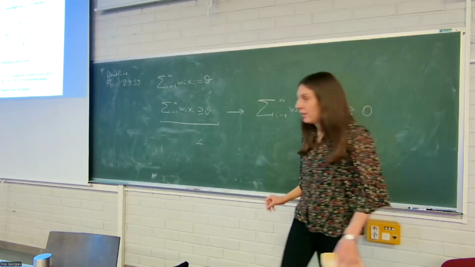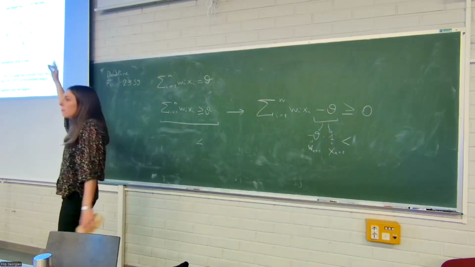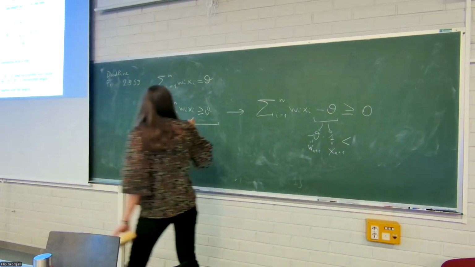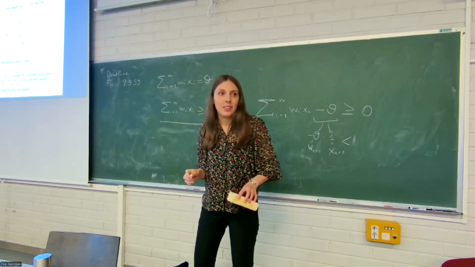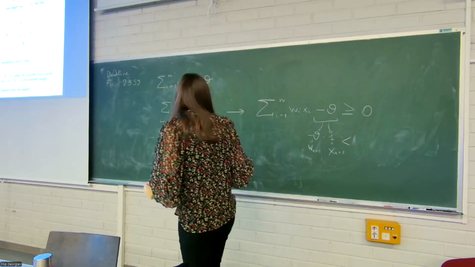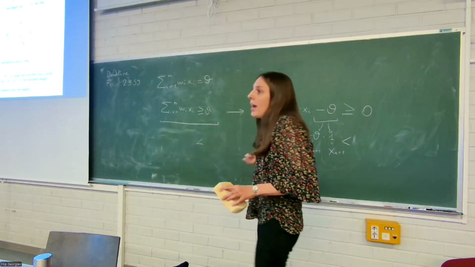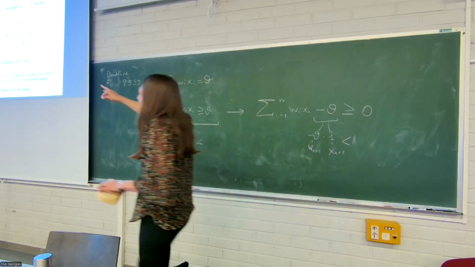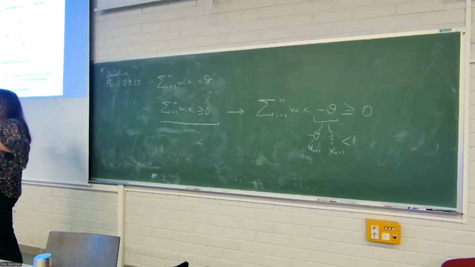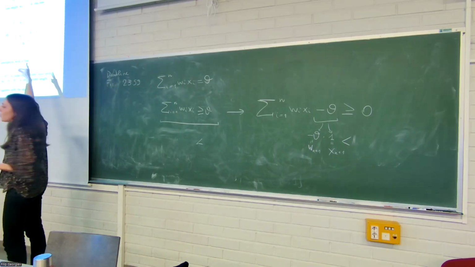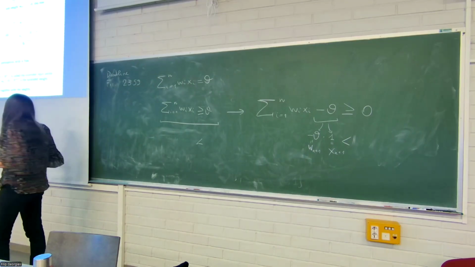And that's it. So I treat the threshold as what we call bias. Some people call it offset. It's a translation. So we add another extra input, and the input is always 1, and the weight is minus theta, because I said that the weights belong to R, so it can be negative, I don't care. And here I just check the sign of this thing.